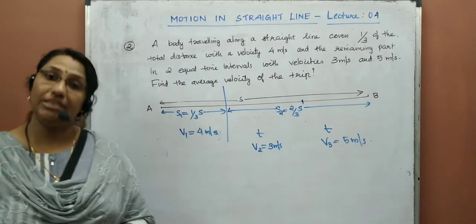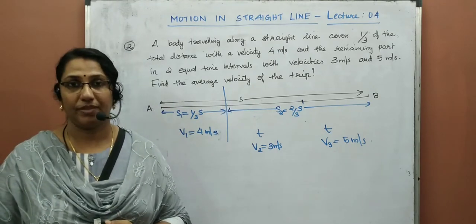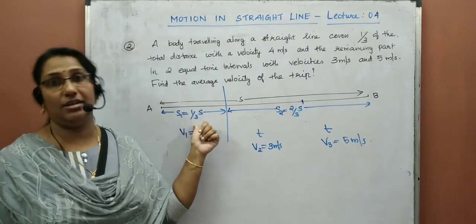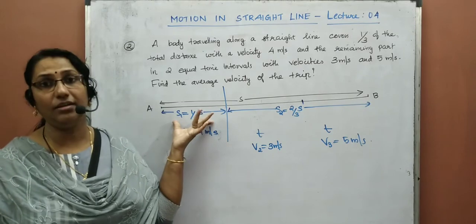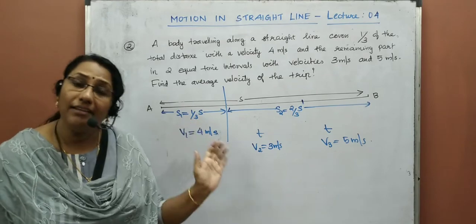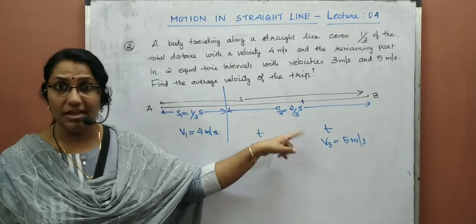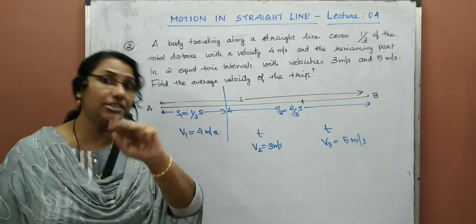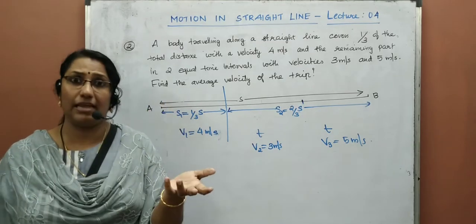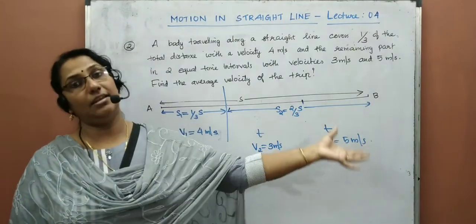In the question, it is given that a body is traveling along a straight line. Yes, this is a straight line motion, in such a way that 1/3 of the total distance is travelled with a speed of 4 meters per second, and the remaining 2/3 s is travelled in 2 equal time intervals. For example, if it takes 10 seconds, the first 5 seconds, the next 5 seconds.